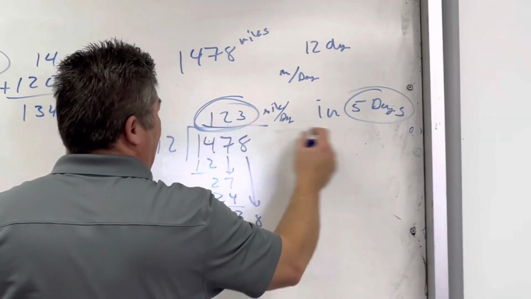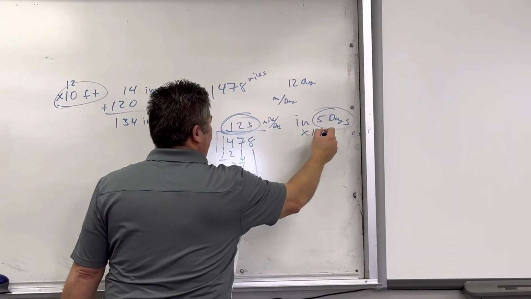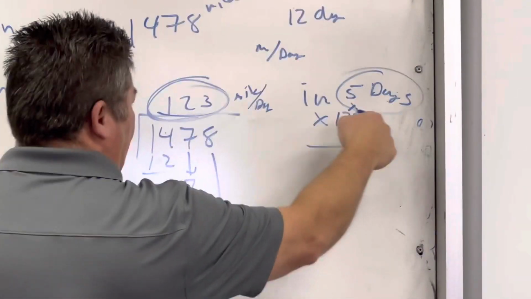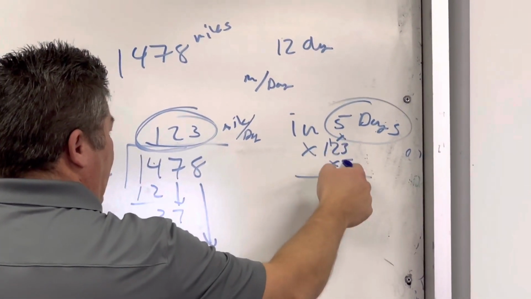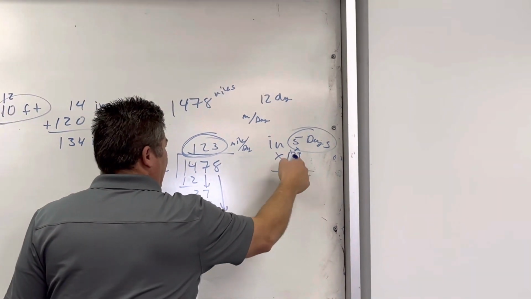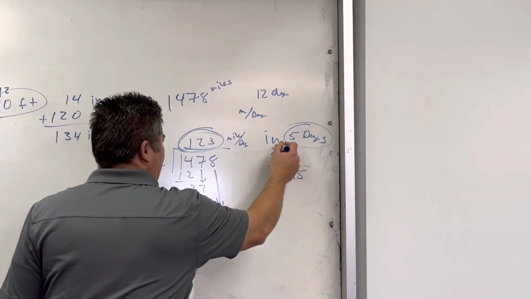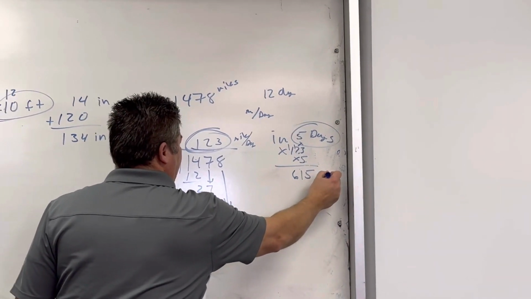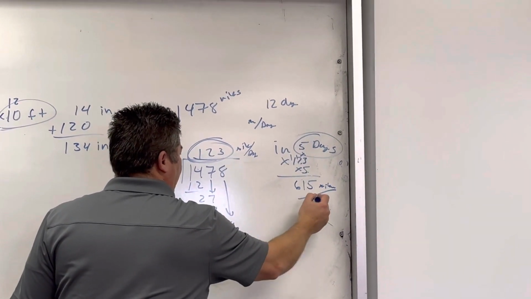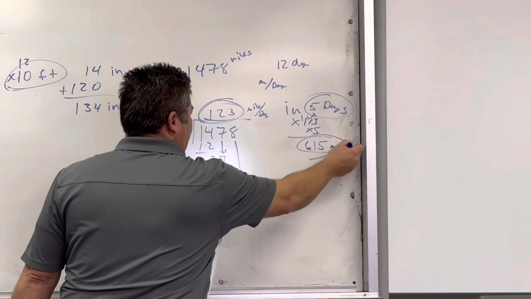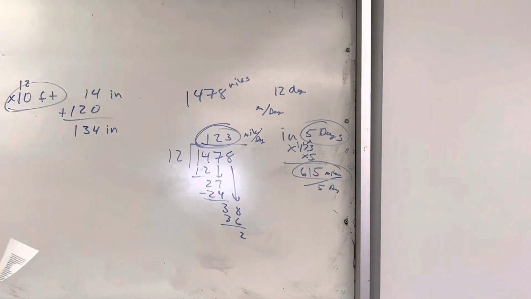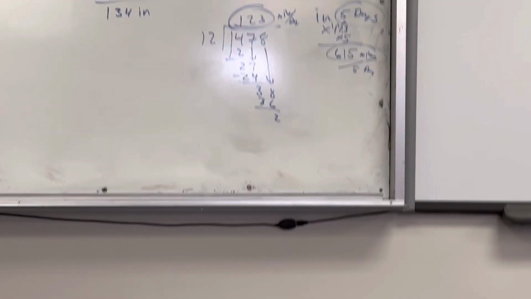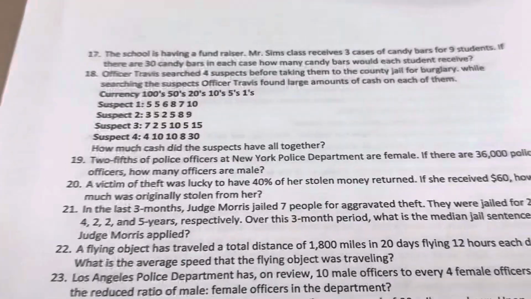And then I just times that by 5. 123 times 5. 5 times 3 is 15. 5 times 2 is 10 plus 1 is 11. 5, 6, right? 615 miles per 5 days. That's my answer. That was number 26. Look at 25.